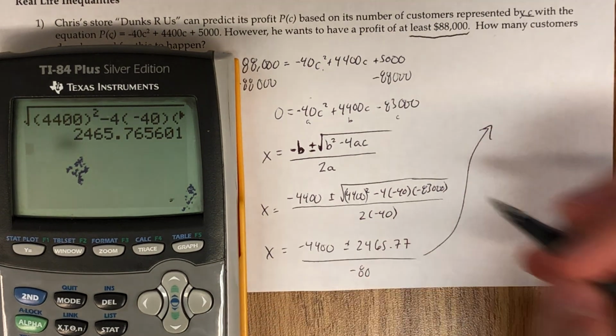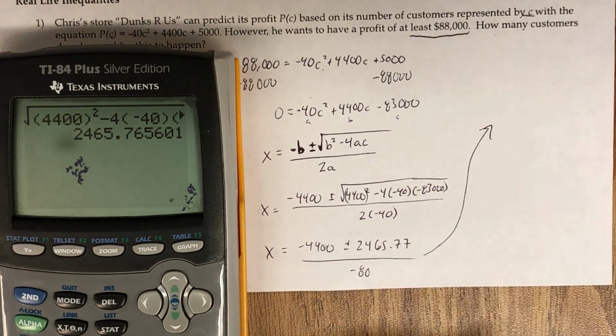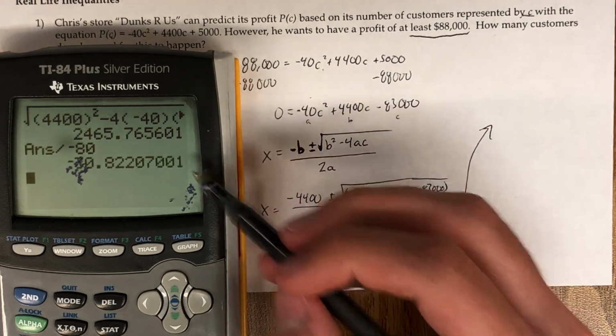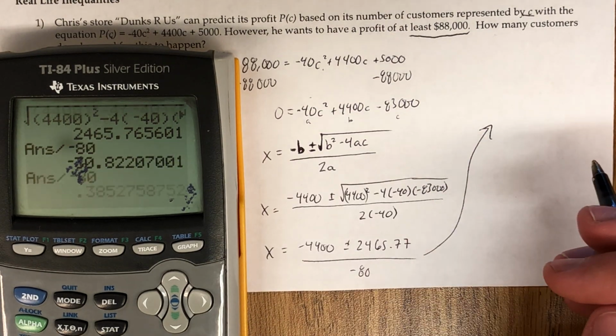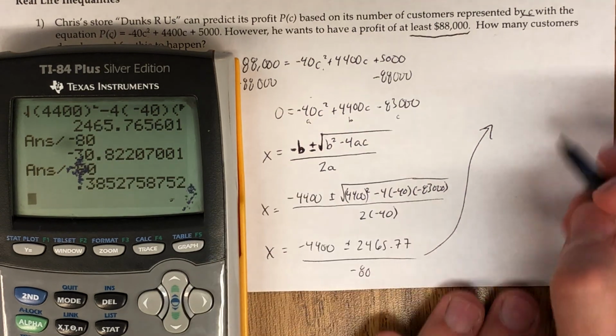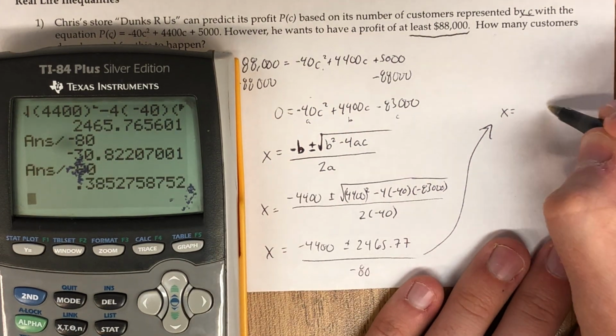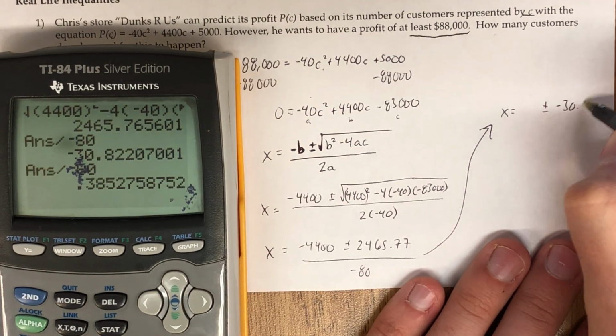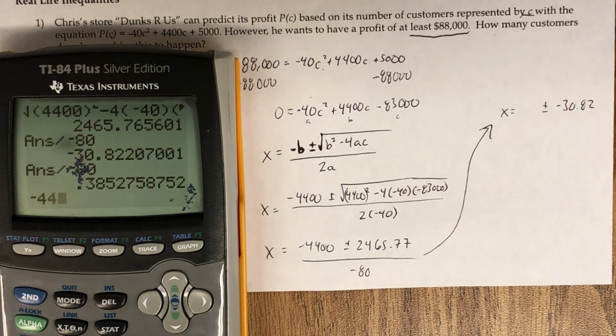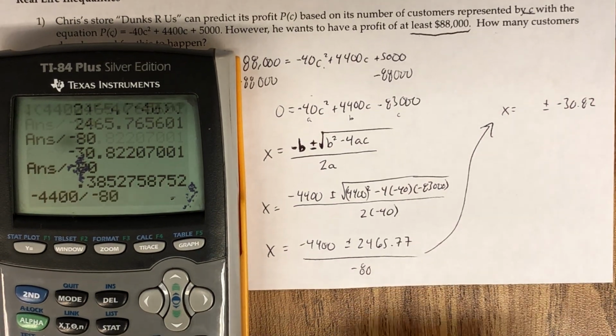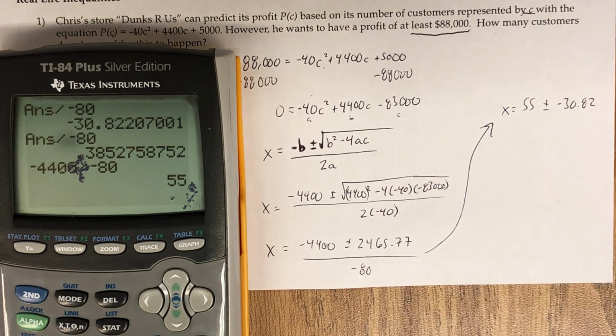To simplify further, I'm going to divide both of these by negative 80. So this piece divided by negative 80 is about negative 30. So we'll have negative 30.82 there. And then negative 4,400 divided by negative 80 is 55.